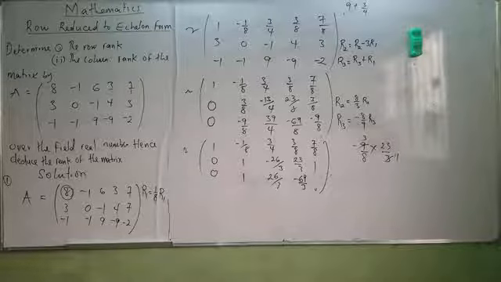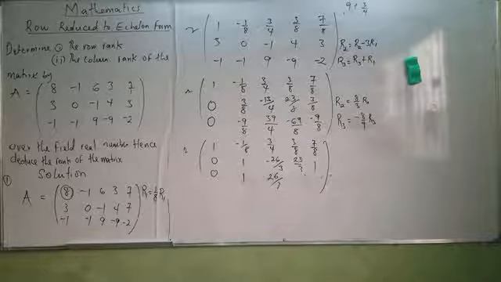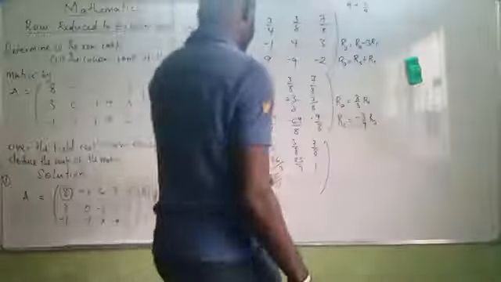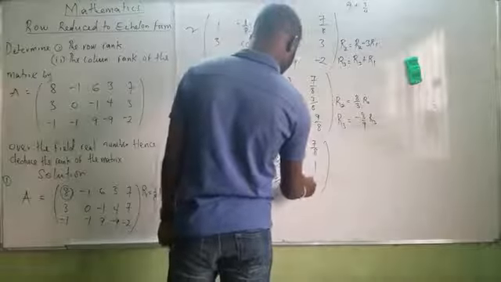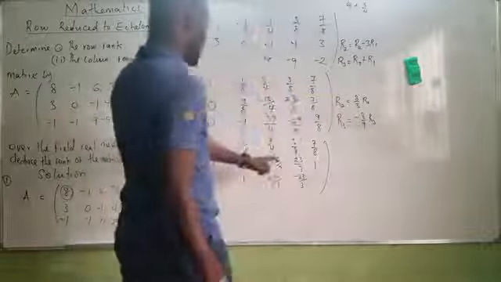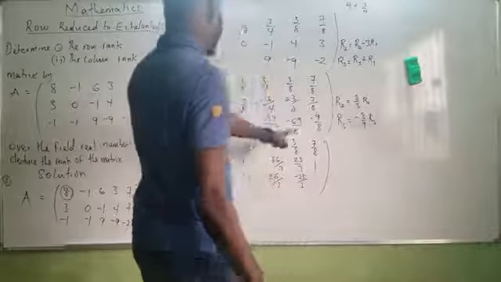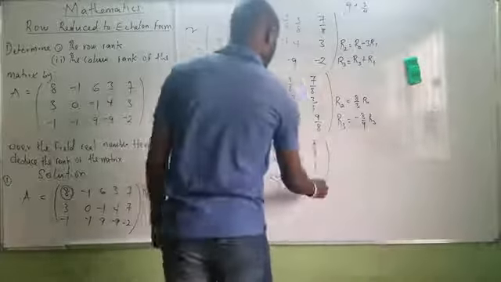Hope nothing is wrong there. Okay, now by so doing that, this will surely give me minus 23 all over 3. And if I do the same thing here, it will be equal to minus 1.